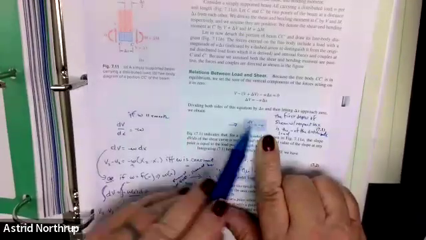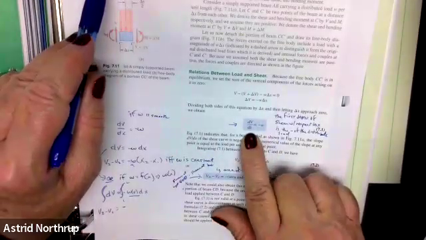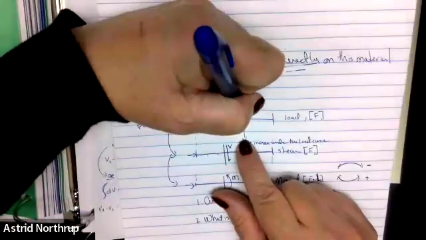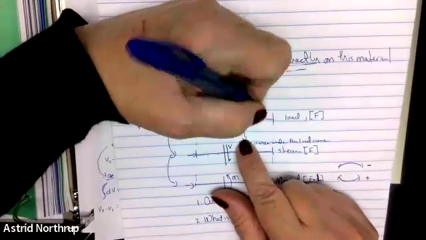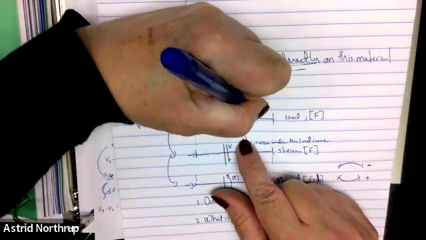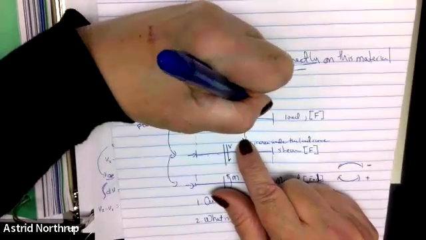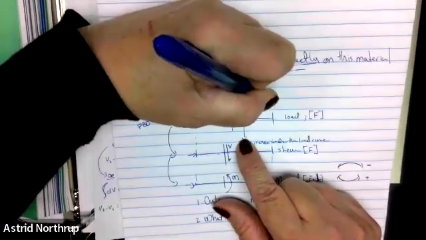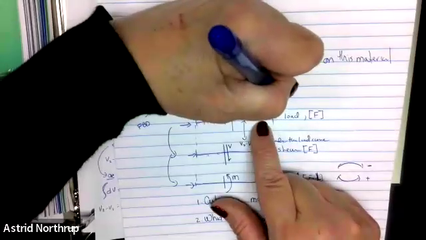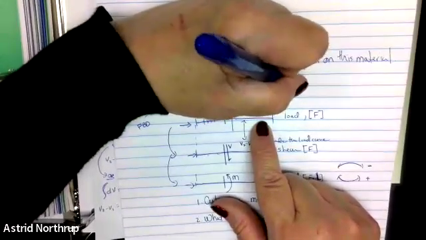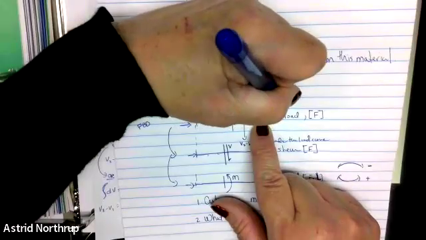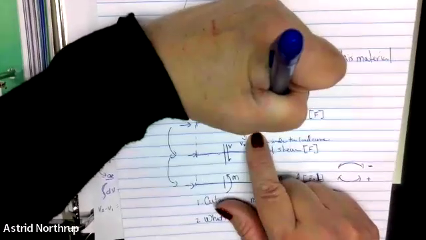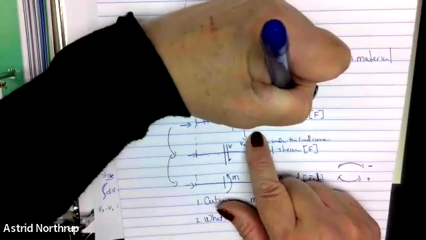All right, conversely, what is this saying? This is saying the negative of the load curve is the first derivative of V with respect to x. The negative of the distributed load is the first derivative, which is another way of saying slope of the shear curve.